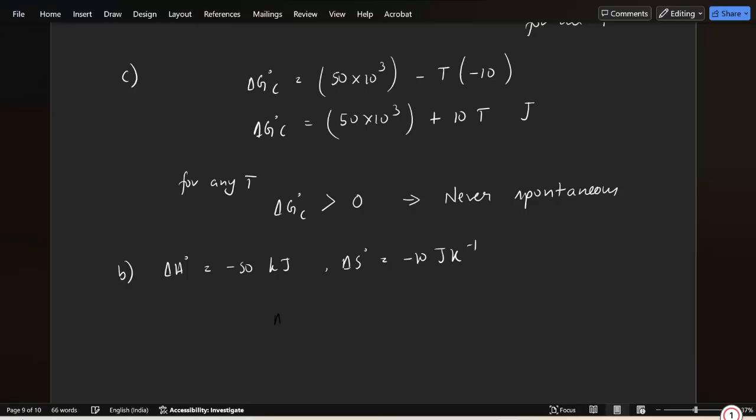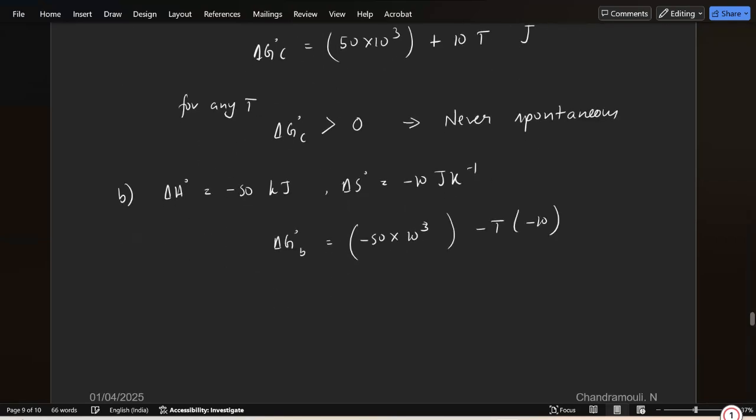So now let's see, delta G not B is equal to minus 50 into 10 power 3 minus T into minus 10. So minus 50 into 10 power 3 plus 10T. So this is delta G not B.